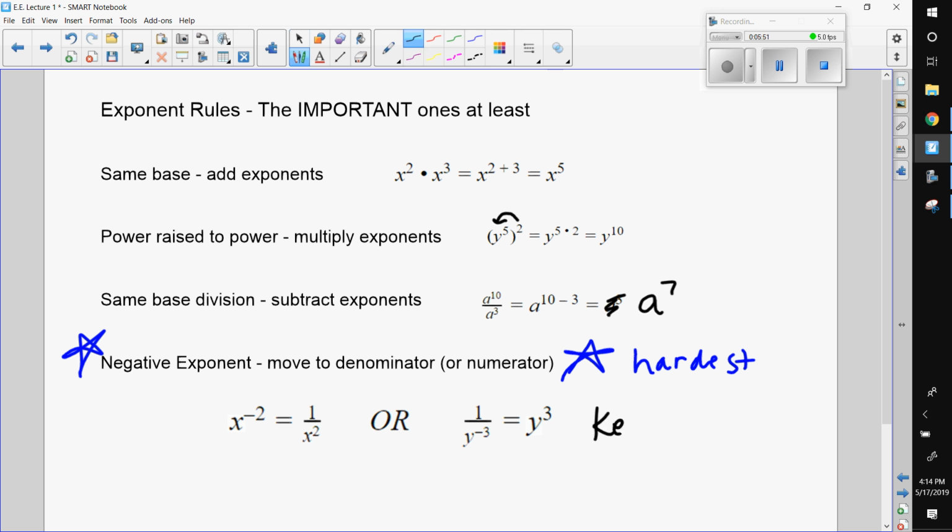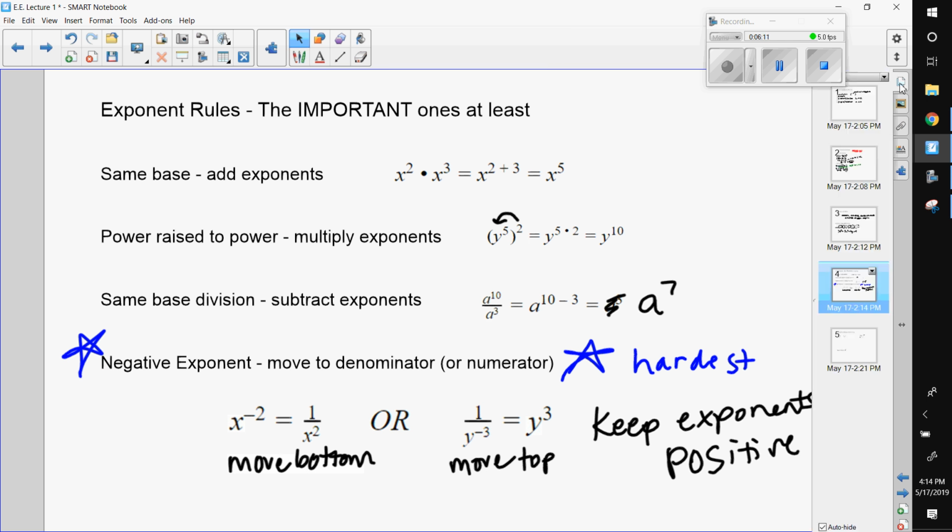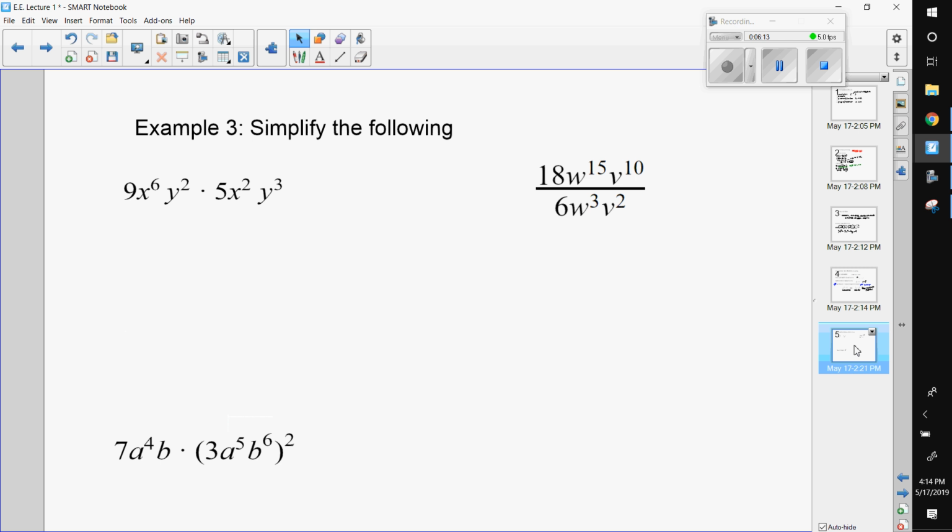So we want to keep all of our exponents positive. So we either move it to the bottom or we move it to the top. Okay. We'll just do a couple examples of those.